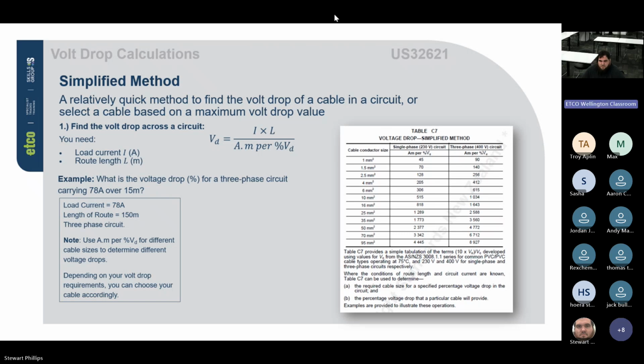Yeah, so 3.28 or 3.29%. You can round to 3.3. That's how much percentage volt drop we would get at 78 amps over 150 meters for that size cable.